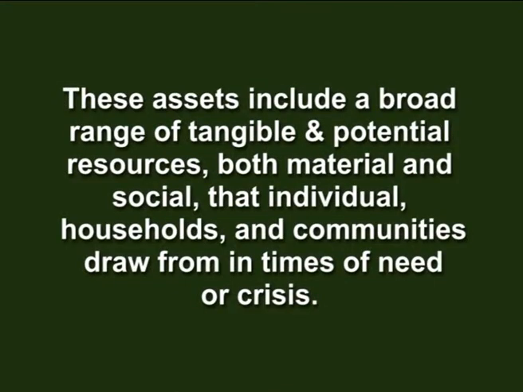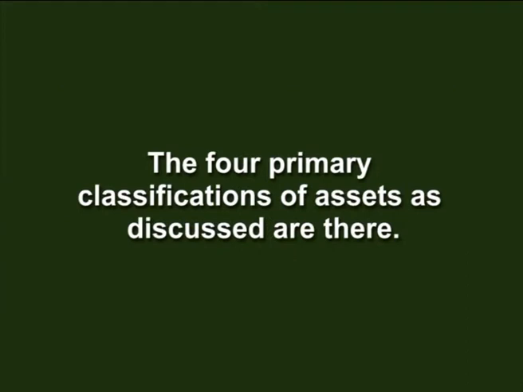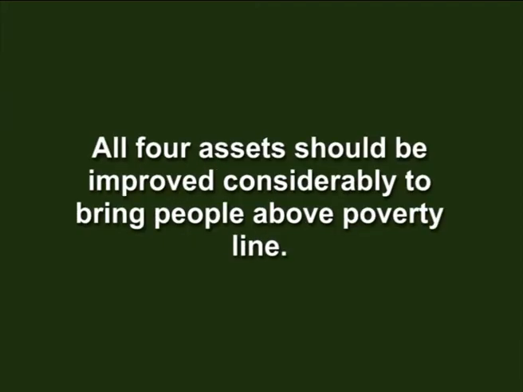These assets include a broad range of tangible and potential resources, both material and social, that individuals, households, and communities draw from in times of need or crisis. The four primary classifications of assets are as discussed. All four assets should be improved considerably to bring people above the poverty line.